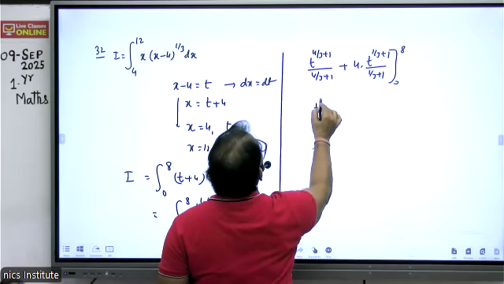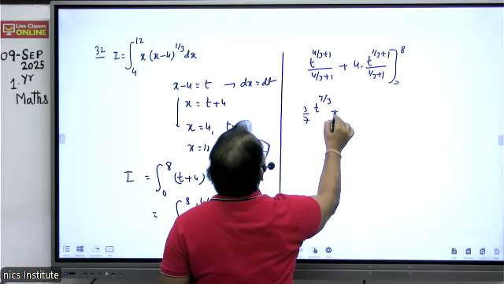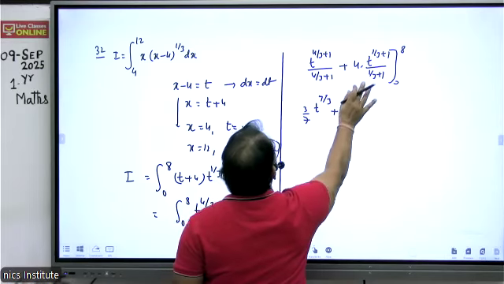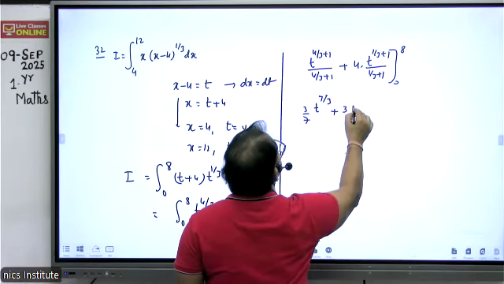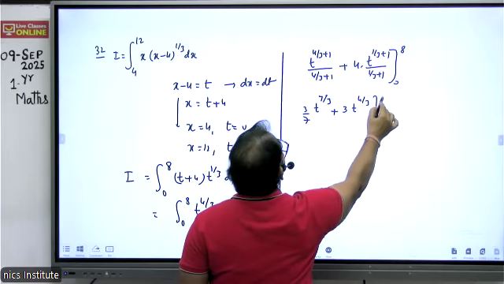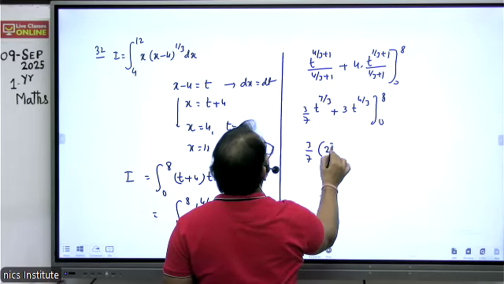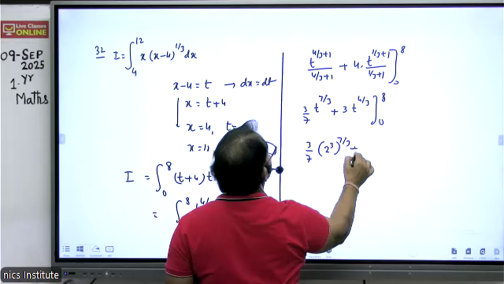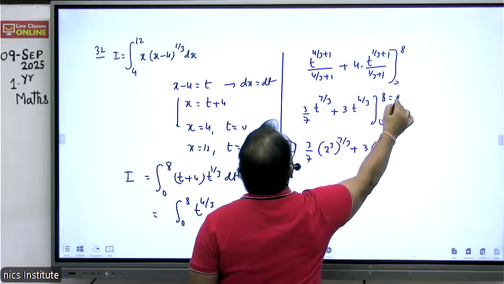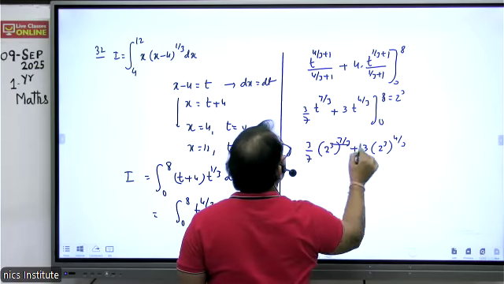So t raised to power 7 by 3. This is t raised to power 4 by 3. When you put the upper limit, 8 is basically 2 raised to power 3. 8 you can write as 2 raised to power 3. The power will cut.